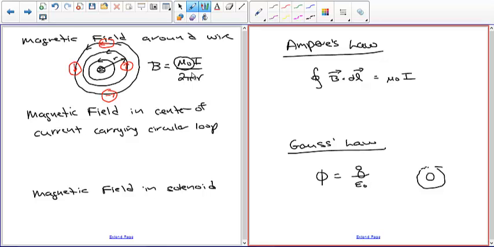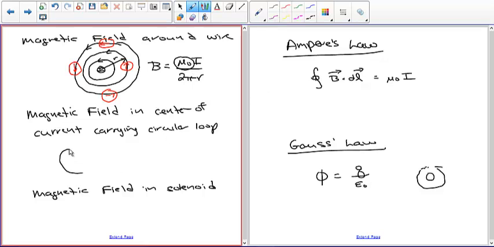So the magnetic field on the axis, that means right at the center. So let's draw, here's my loop. And the question is, what is the magnetic field right here, right at the center?